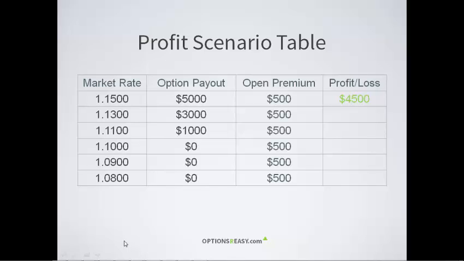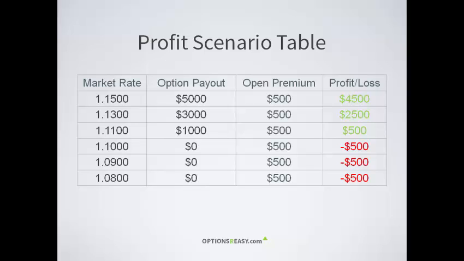And we can go through and calculate the profit and loss for each of these market rates. So at 1.13, we have a $3,000 payout. We paid $500 for it, so obviously our profit is 2,500, and for the next one down it's 500. Now at 1.10 we didn't receive any payout for the option. The option is worth nothing at expiry, but we originally paid $500 for it, so of course we lose $500, and it's the same for any rate below the 1.10 level.